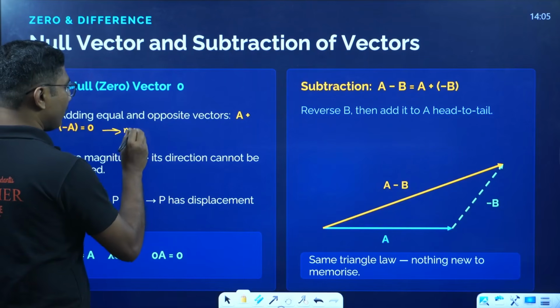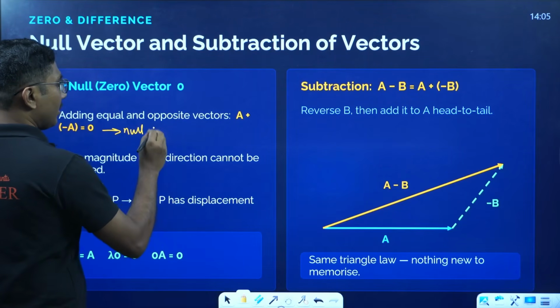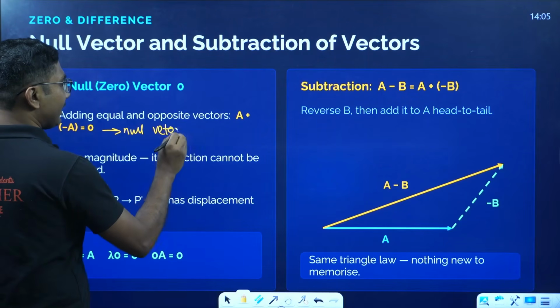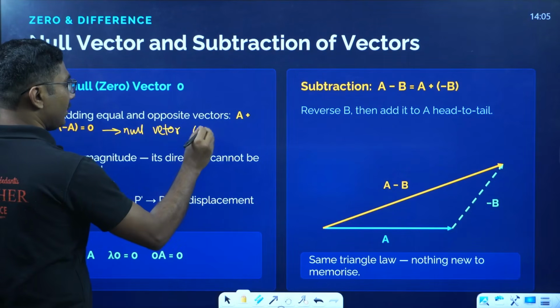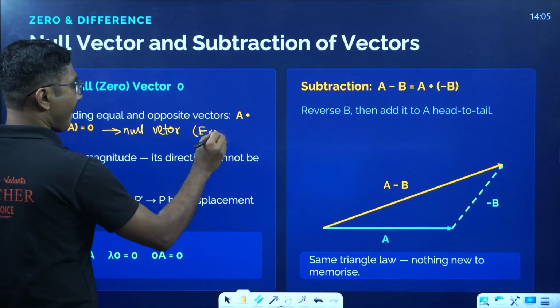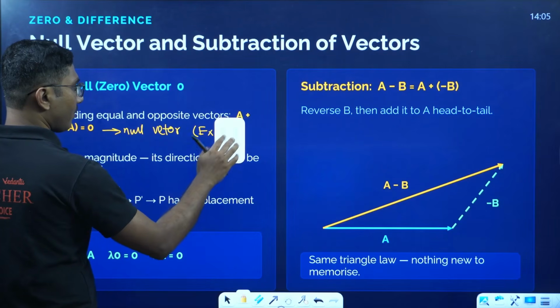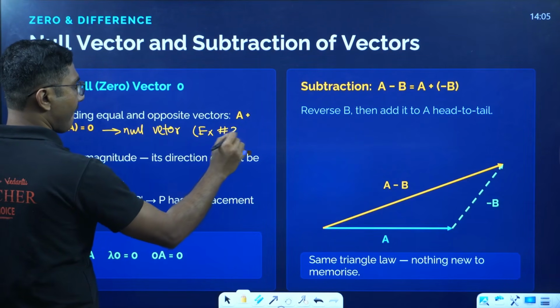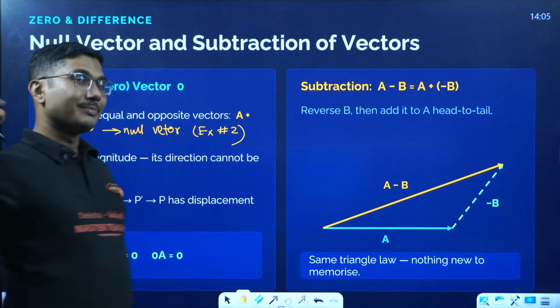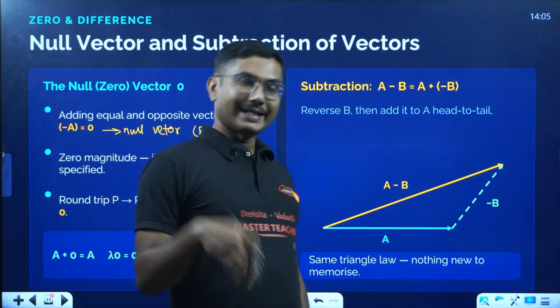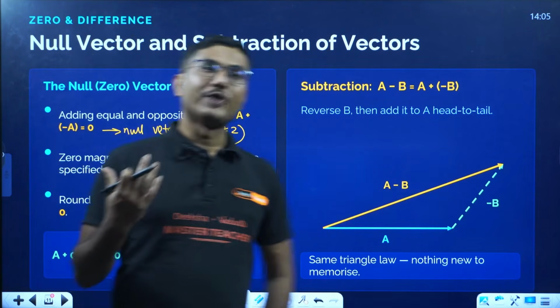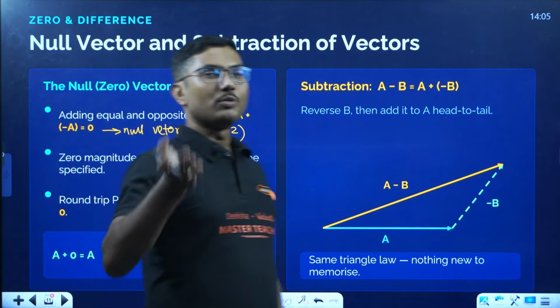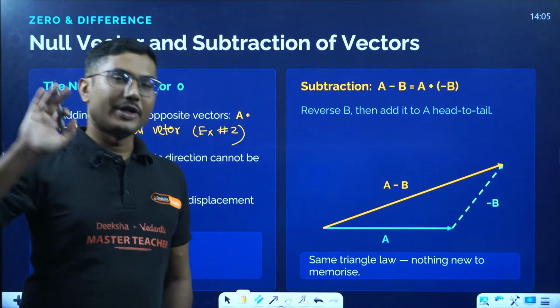So for null vector there are two examples. The first example is multiplying with a 0, and the second example is adding two vectors having the same magnitude but opposite direction, which gives you a null vector.